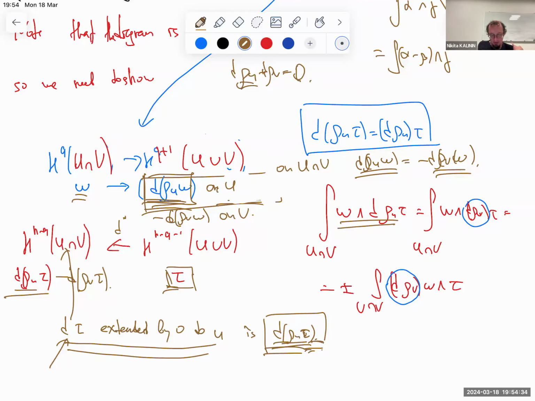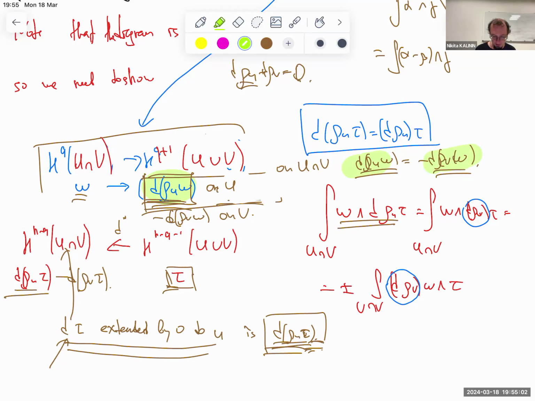Just look at the definition of the differential in the Mayer-Vietoris sequence. I claim that in this case, for this map, which is non-trivial, you just need one differential like that. There is a lot of notation because you sometimes restrict forms to U, sometimes to V, but the key fact is that d rho omega equals minus d rho omega on the intersection.